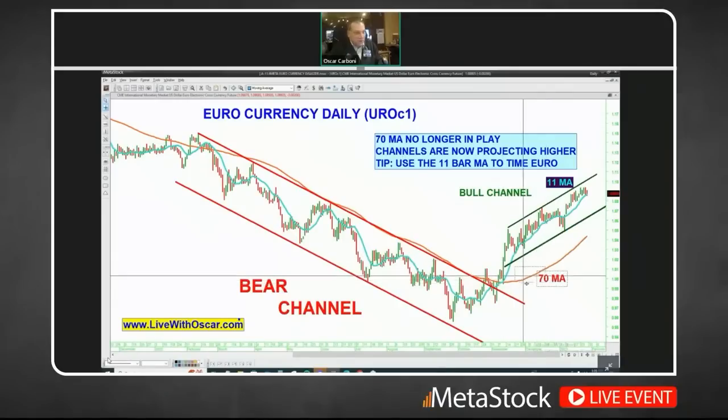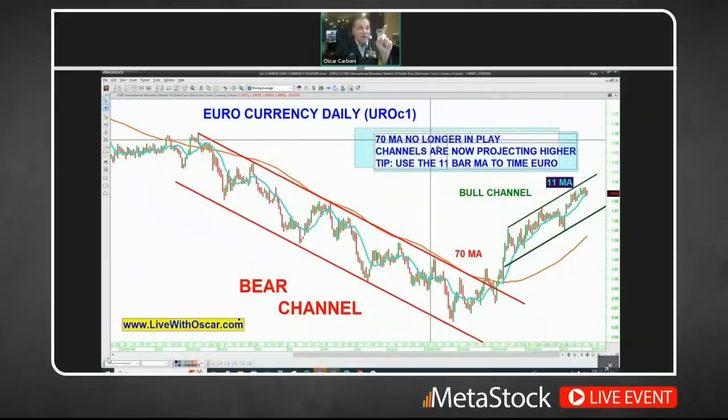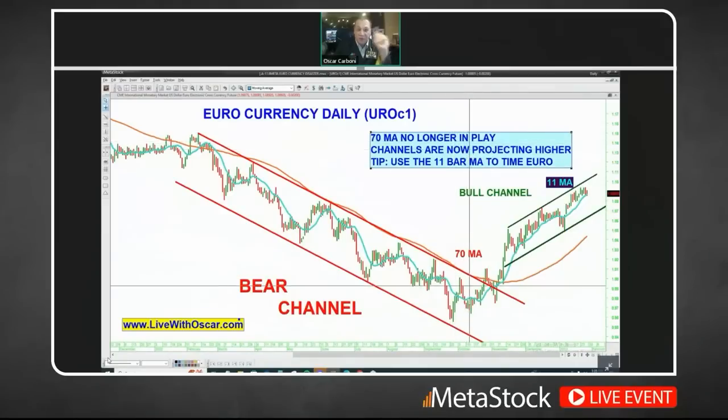We have gotten above that nasty 70 moving average that kept us in check the entire down move. We've got channels moving higher, and oddly enough, the algorithm switched from the 70 bar moving average to an 11 bar moving average. So the 70 bar, here's the tip, the 70 bar moving average is no longer in play. Channels are now projecting higher. The tip, use the 11 bar moving average to time the euro.